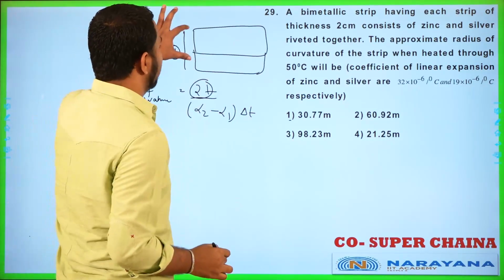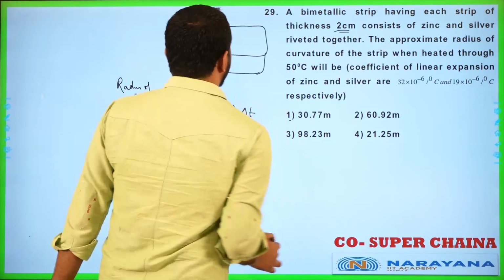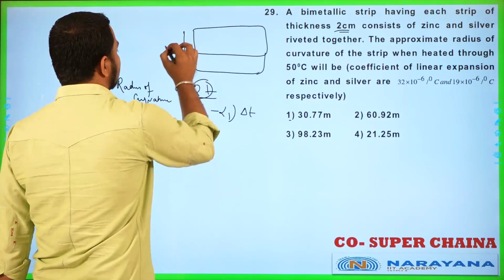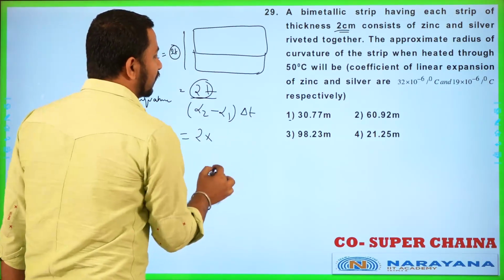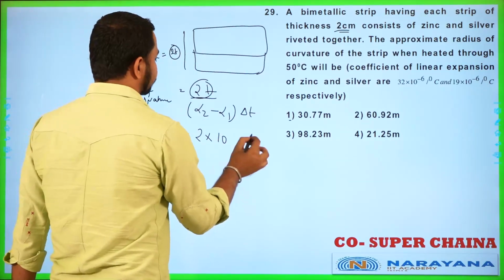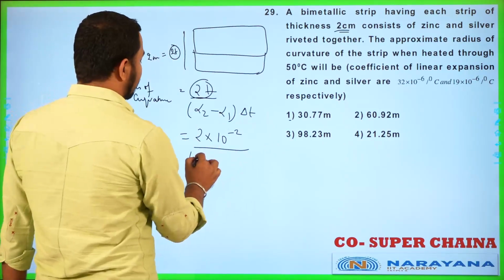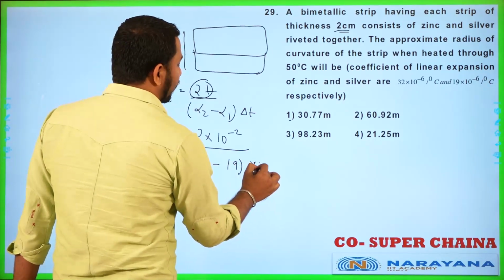2T is the thickness, student, here. So the total we have to take as 2 centimeter. This is given as 2 centimeter, so convert this into meter. Alpha 2 and alpha 1 values are given here, 32 minus 19 into 10 to the power minus 6.